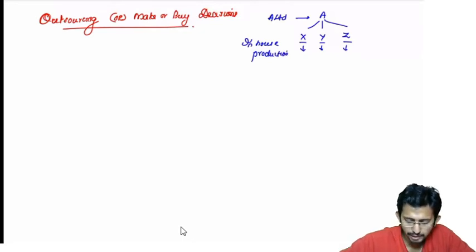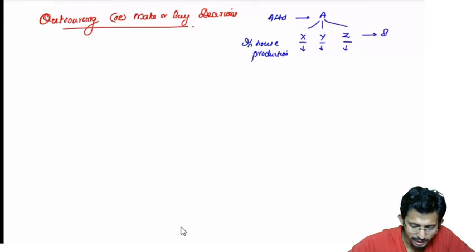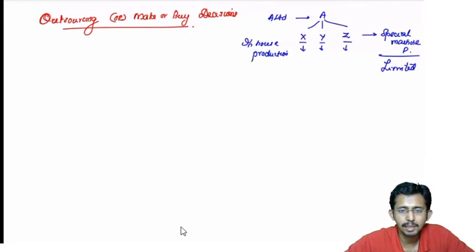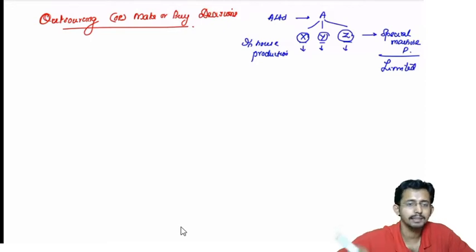But manufacturing of all these three products requires the use of a special machine, let us say machine P. And the availability of this machine is limited, due to which the company A Limited is not in a position to manufacture the maximum required quantities of X, Y, and Z.